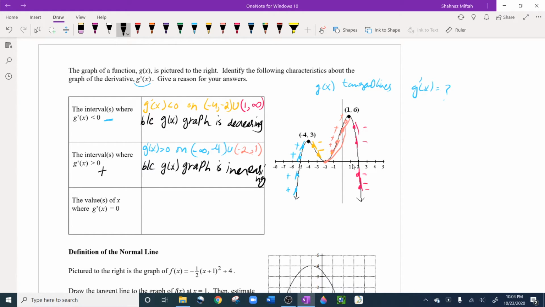Okay, the values of x where g prime is 0. G prime equal to 0 means the slope is 0, right? So that means horizontal. I have slope 0 here, slope 0 here, and slope 0 here.